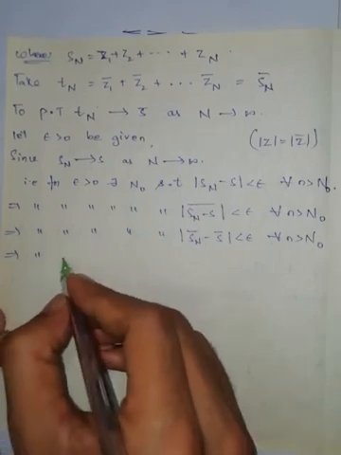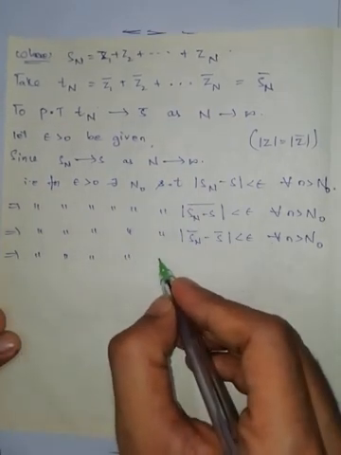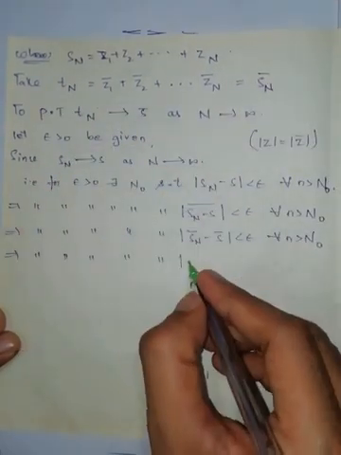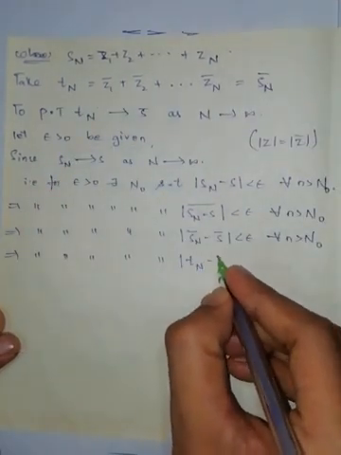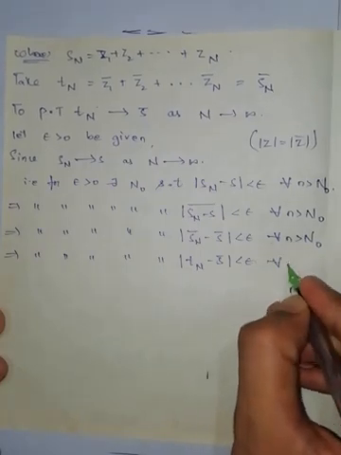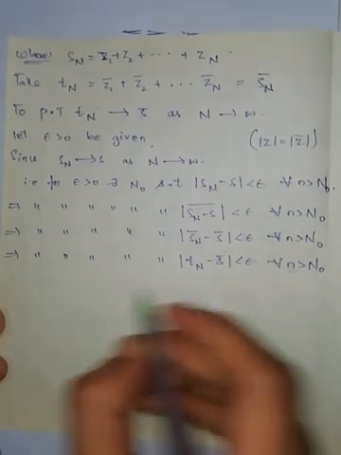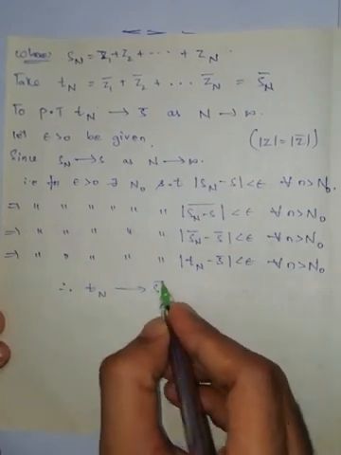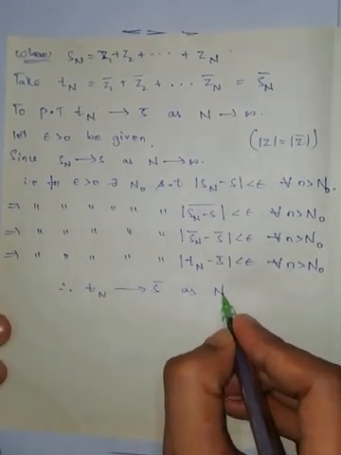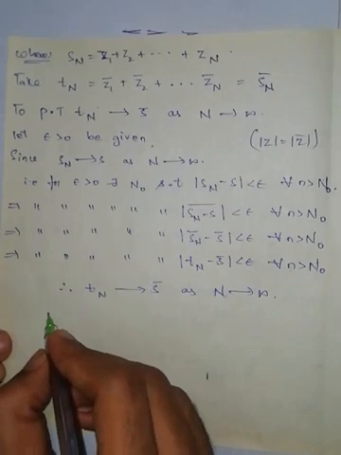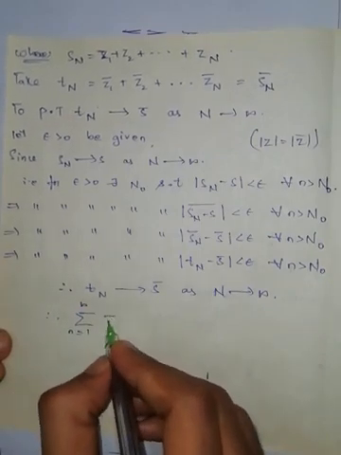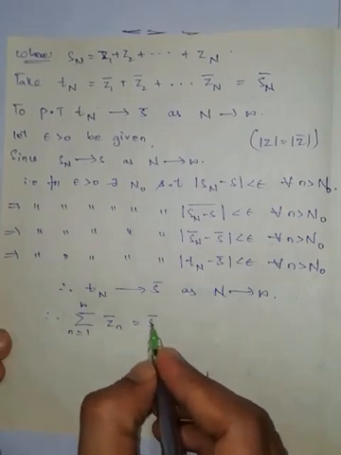That is, for each epsilon greater than 0 there exists n naught so that, what is conjugate of Sn? Tn minus conjugate of S less than epsilon for all n greater than n naught. Therefore Tn converges to conjugate of S as n tends to infinity. Therefore summation n is equal to 1 to infinity conjugate of zn is equal to conjugate of S.